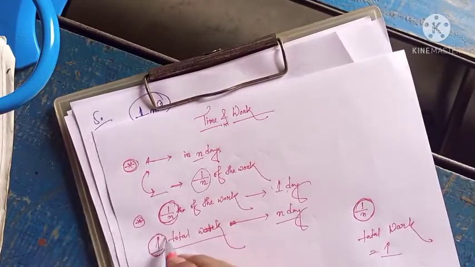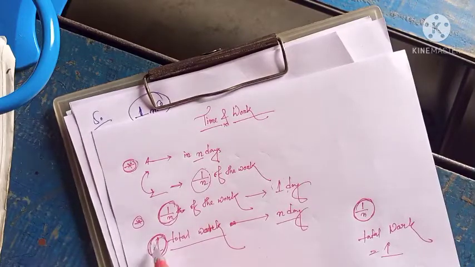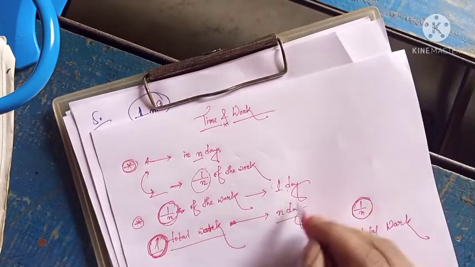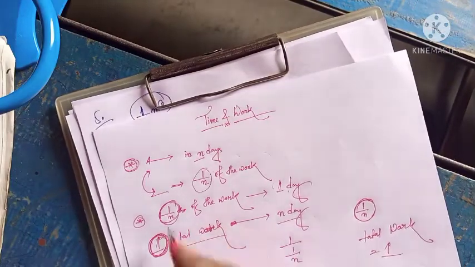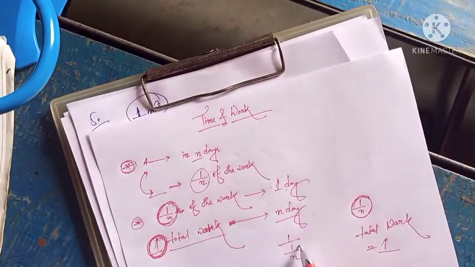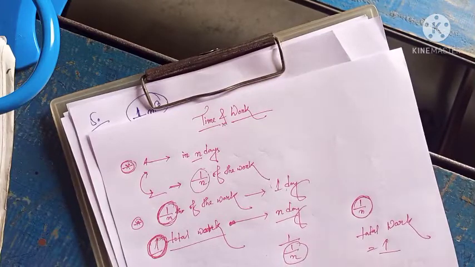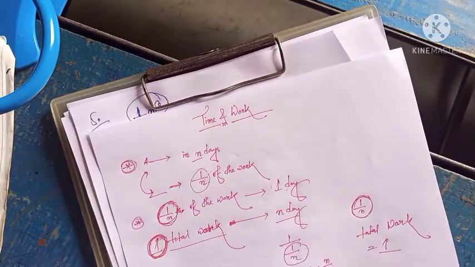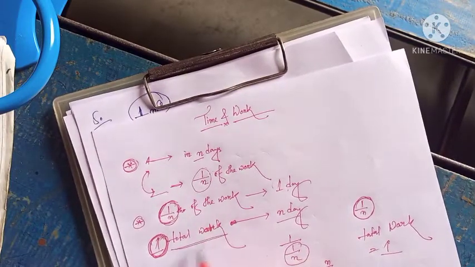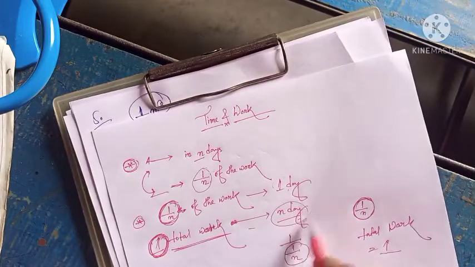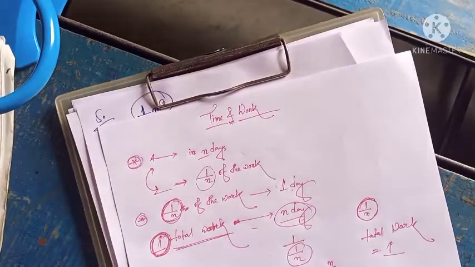We know that in the unitary method, if we find 1 in this way, 1 by 1 by n means 1 by n by 1, so that's why n comes. So we can directly write that the total work can be done in n days.